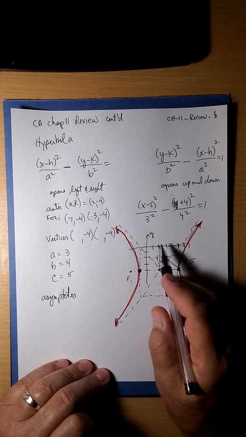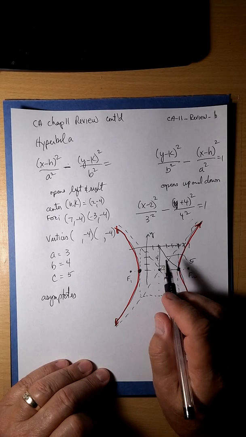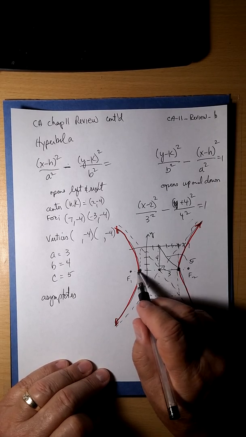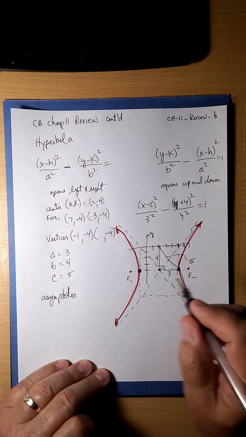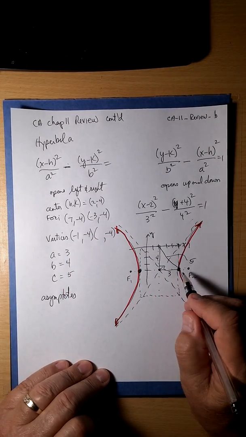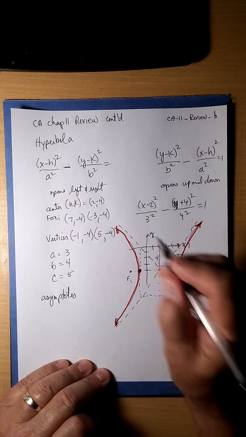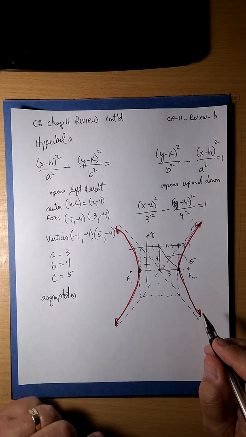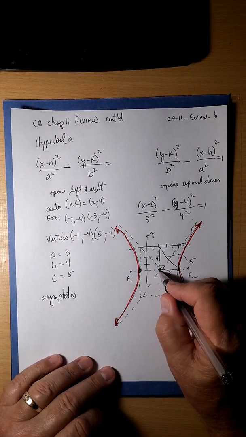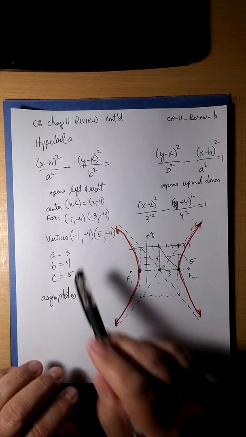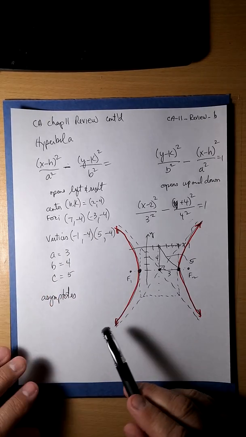But this is 2 minus 3, which is a negative 1, and 2 plus 3, which is a 5. Does that make sense?